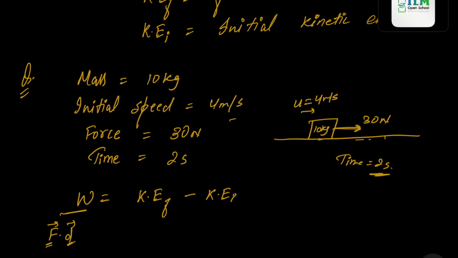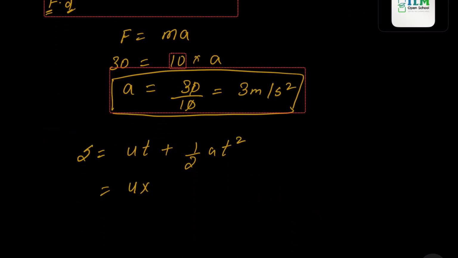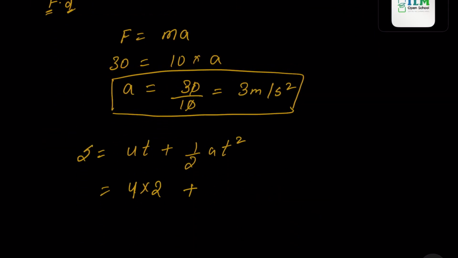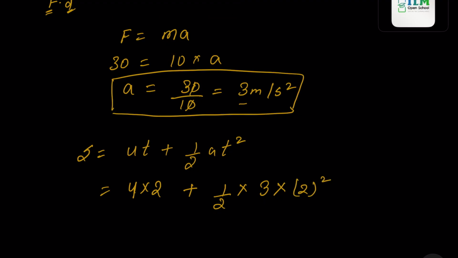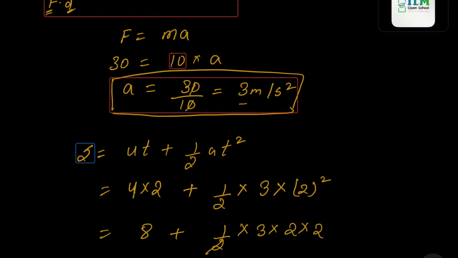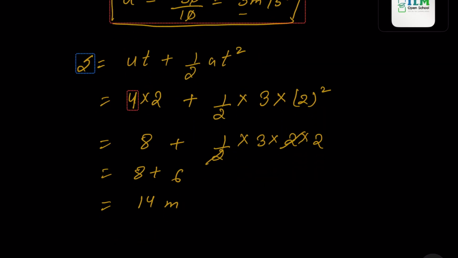U is the initial velocity, which is given as 4 meter per second, time is 2 seconds, plus half into acceleration, which we found as 3 meter per second square, into time 2 seconds squared. 4 into 2 is 8 plus half into 3 into 2 into 2. The half cancels with one 2, so 8 plus 3 into 2 is 6. 8 plus 6 is 14. So displacement comes out to be 14 meter.